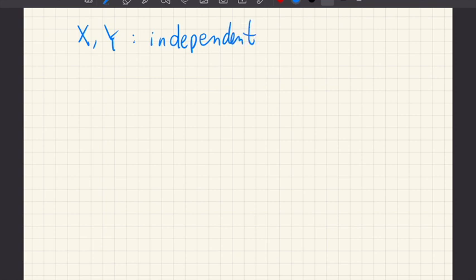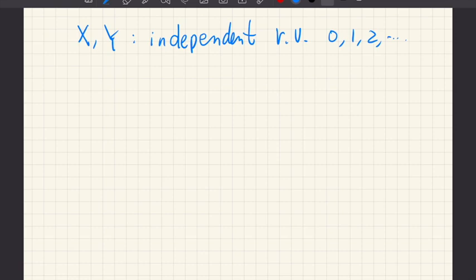And let's see another important result for the probability generating function. So let's say x and y are independent random variables that take non-negative integer values. Okay.